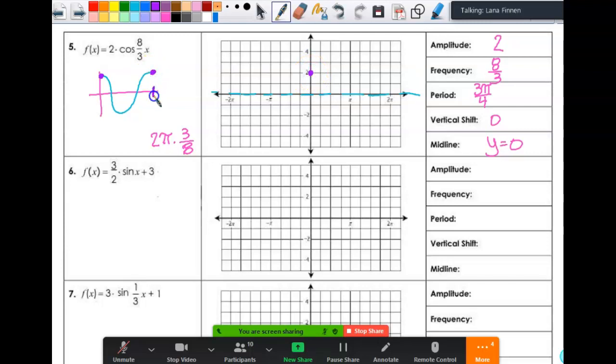This is the end of the period, which is at 3 pi fourths. Okay, so I already know that I'm counting by 4, so this is 1, 2, 3 pi fourths. That's the end of the period right there. Halfway between these two, I would be at negative 1, but then I have an amplitude of 2, so it's at negative 2, and it's halfway right there. Halfway between these two, I would be at 0.